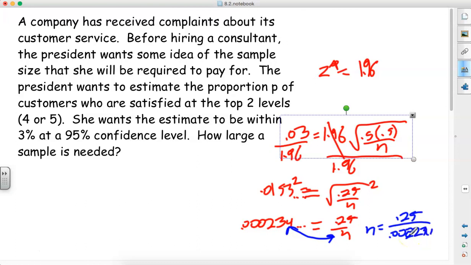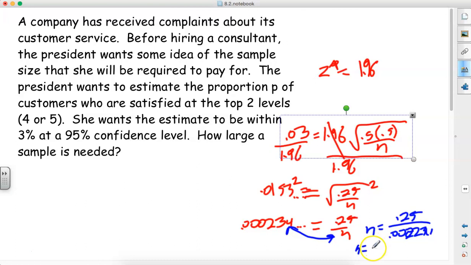So just on your calculator, you can do 0.25 divided by, and then hit second answer. And when you hit second answer, it gives you a value of 1067.11111.